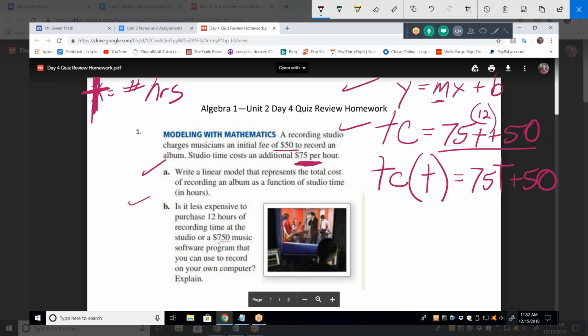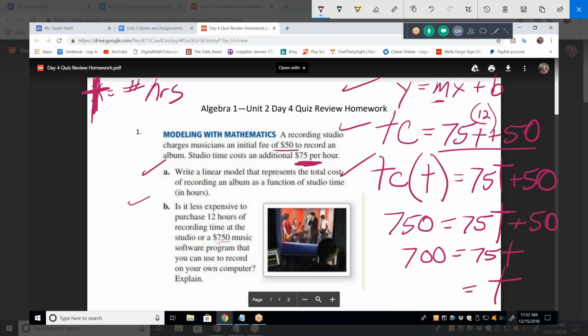I can't plug this into my calculator. It can't solve that. It's got a TC of T and it's got a T. But if I plug in 750 for the cost, now I know that that's equal to this, and I can now solve that equation. So 700 equals 75t. Divide 700 by 75 for me.